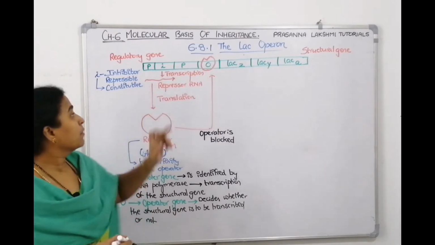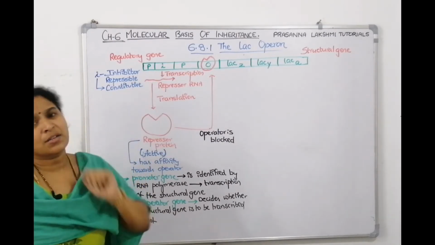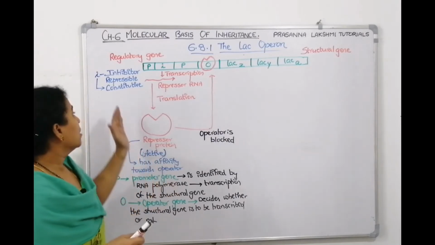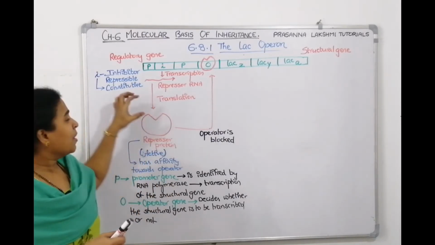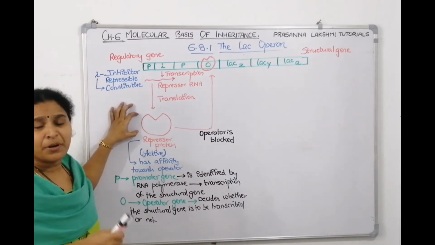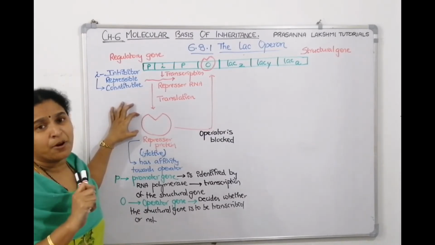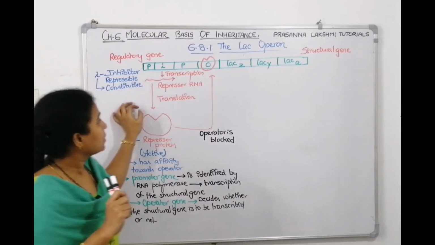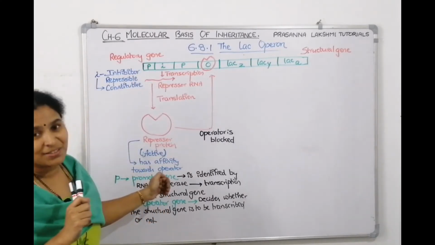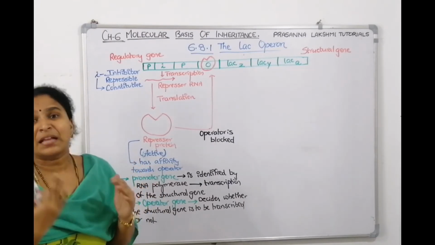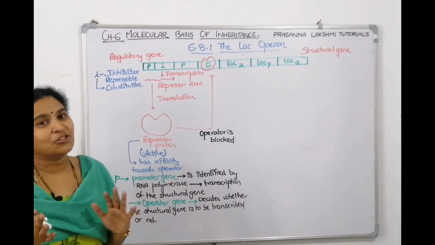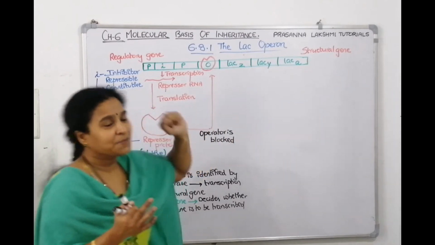So I think I explained what is the role of I, what is the role of P, what is the role of O. What is the role of I? I is a constitutive gene. It is always expressed and makes a repressor protein. The repressor protein is active in the case of the Lac Operon. It searches for the operator and binds to it. This role is finished. The role of the promoter is to be identified by the RNA polymerase, which should come and bind and start the process.